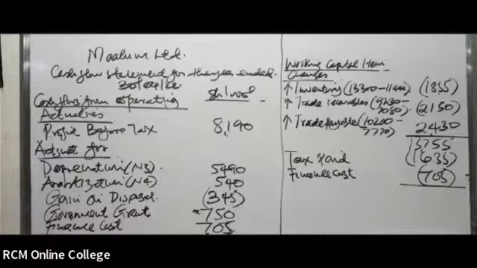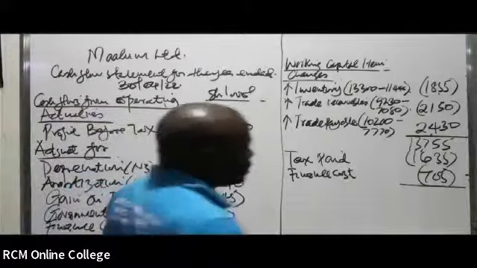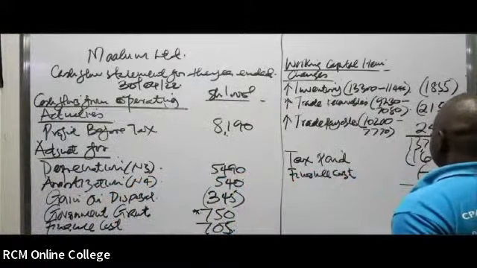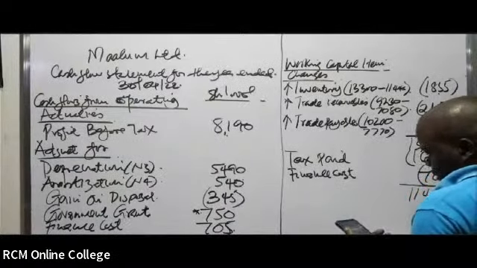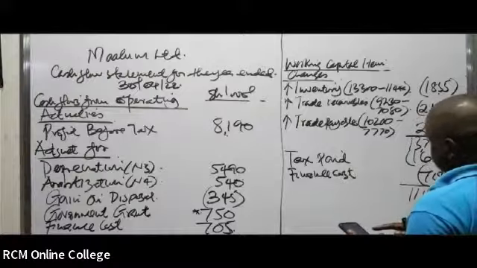So this one is 13,755. Then we minus 1635. Then we minus 705. So you get 11,415. Is it correct?